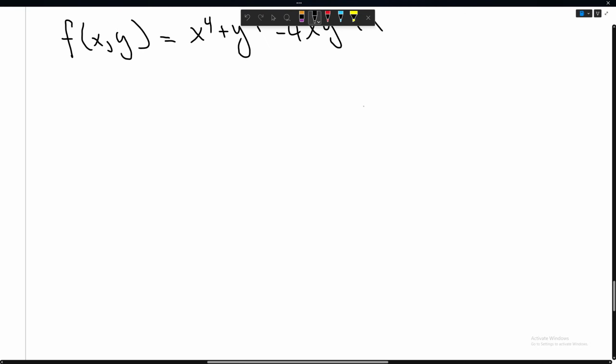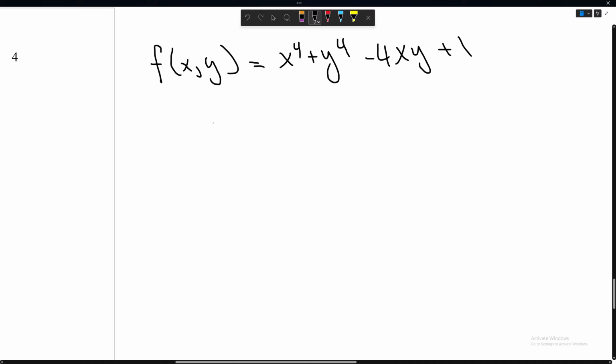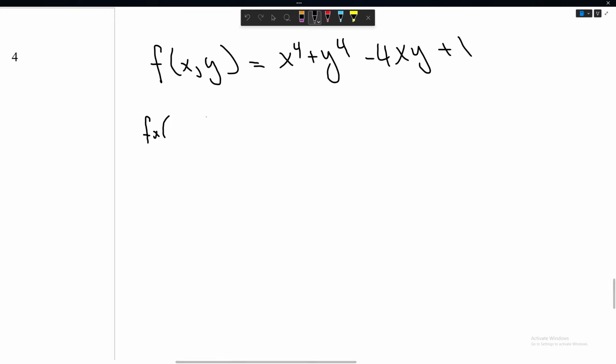All right. So what do we usually need? We will always need a couple things. I'll need my fx at some points, so I gotta first find these points. So first let's get our fx, which is 4x cubed. This goes to 0. So minus 4y. That's the first one.